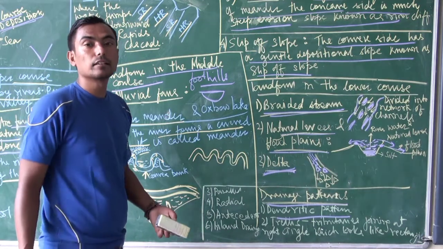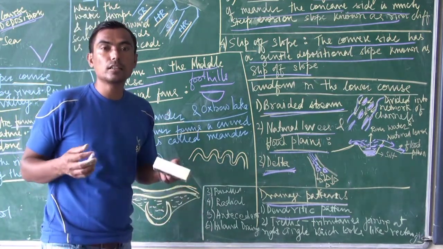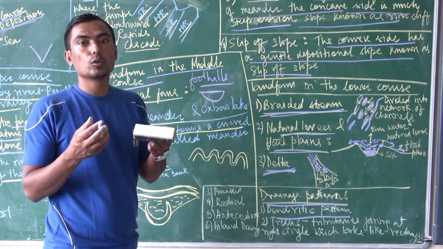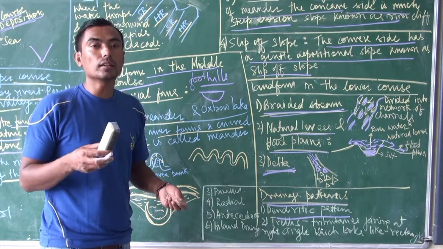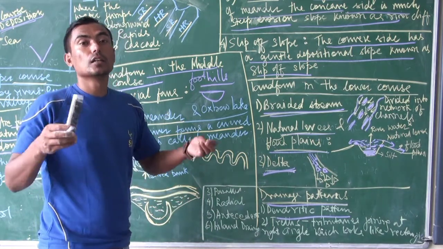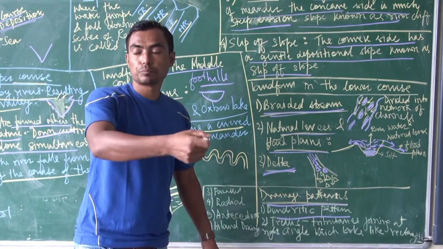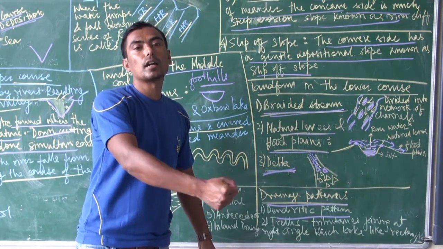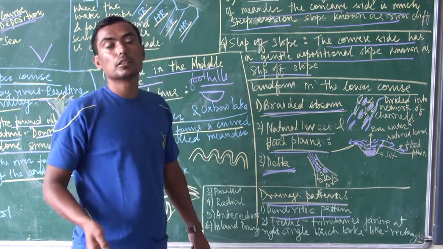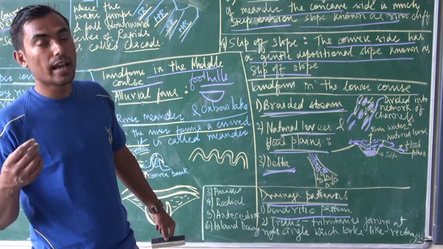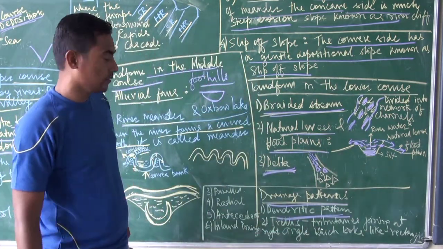Dendritic pattern means where it has many tributaries, and those tributaries are compared with the roots of a plant. Whenever we pull a plant from the ground or from the earth surface, you can see that there are numerous roots, and those roots are compared with the dendritic pattern.